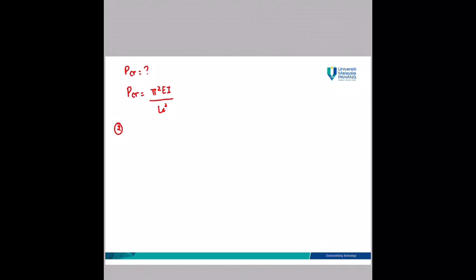So we start with the slenderness ratio, which is equal to LE over r, where r is equal to the square root of I over A. Since it is a rectangular column, you need Ixx and Iyy to calculate rxx and ryy.